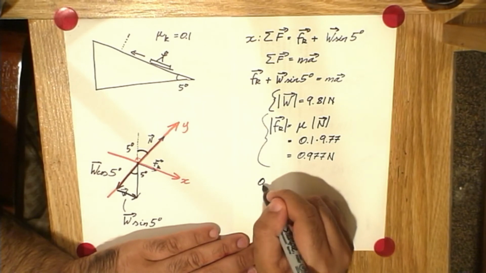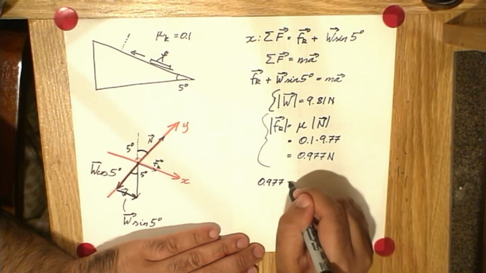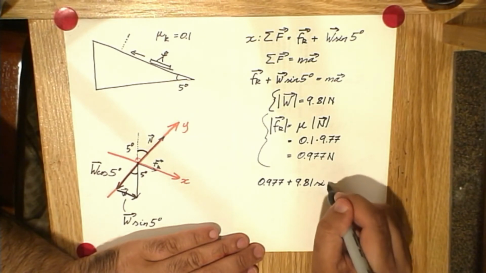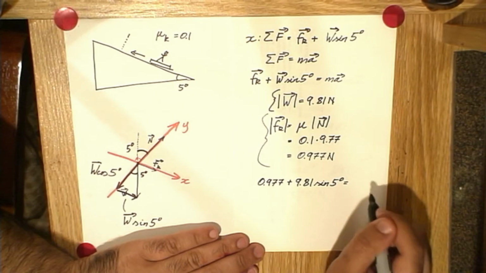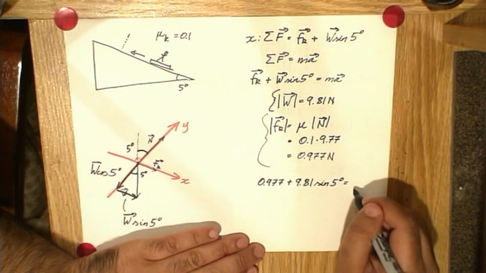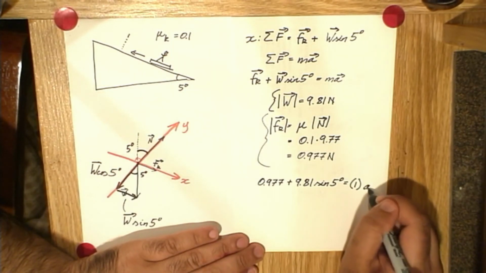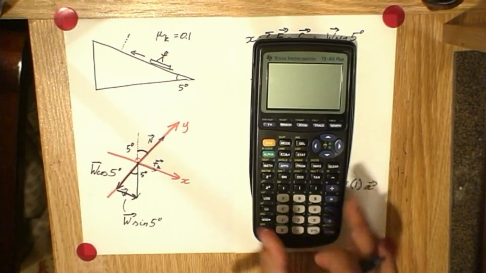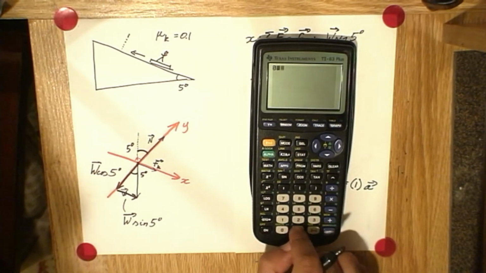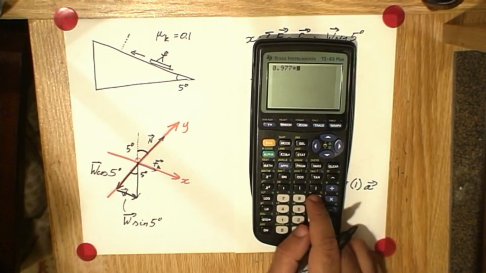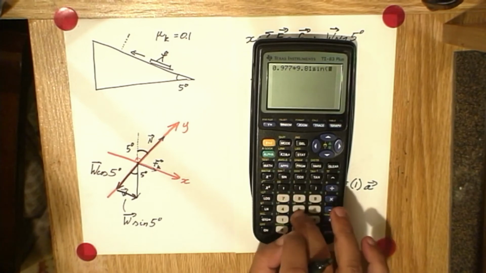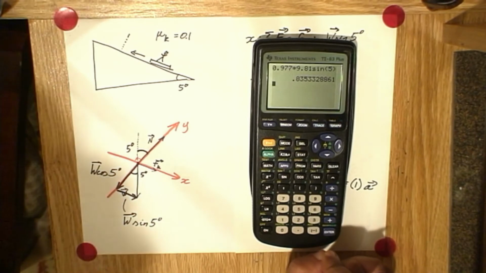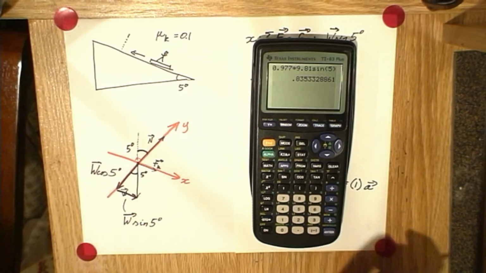So we now have 0.977 plus 9.81 times the sine of 5 degrees is equal to the mass of our snowboarder, which we said was 1 kilogram, times the acceleration. So 0.977 plus 9.81 sine 5 degrees gives us 0.835.